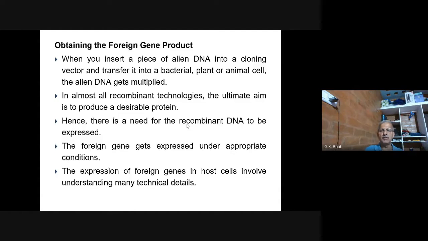Hence, there is a need for the recombinant DNA to be expressed, meaning it should show the production of the desired protein. The foreign gene gets expressed under appropriate conditions. The expression of a foreign gene in the host cells involves understanding many technical details.